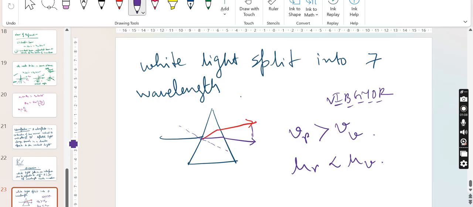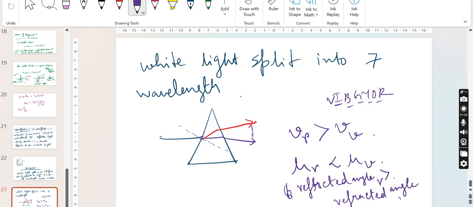And for that reason, the refracted angle for red is greater than the refracted angle of violet. So the refractive index is less for red compared to violet in a medium, but velocity and refracted angle are greater for red than violet.